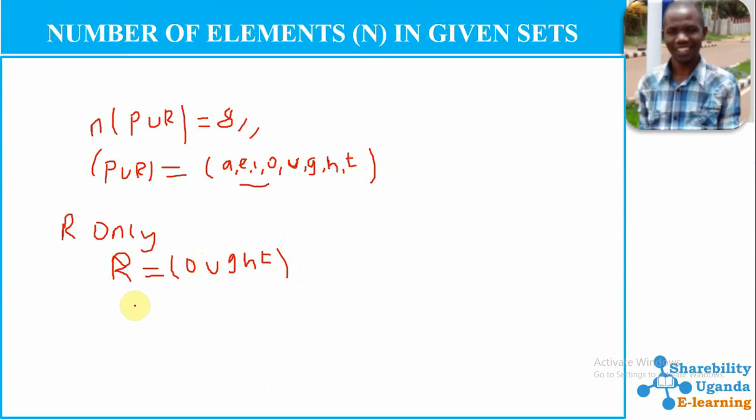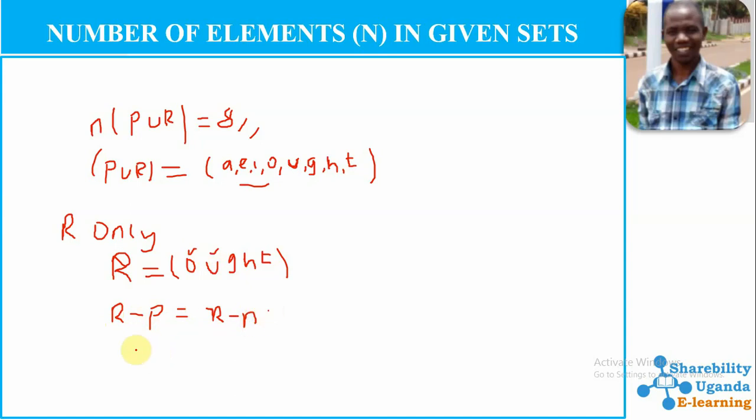Then they want our R only, because if you can see these members of ours, the O and the U, these are the members that are shared. So to get our R only, we shall say R minus P, which is the same as R minus n, where n is the intersection.